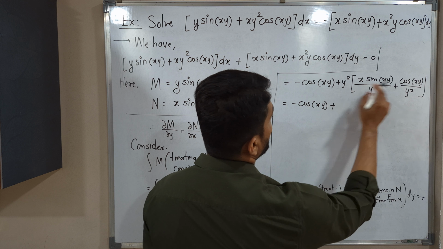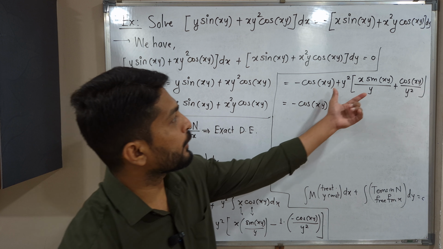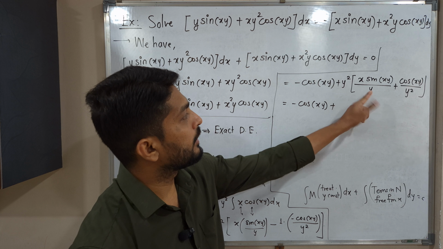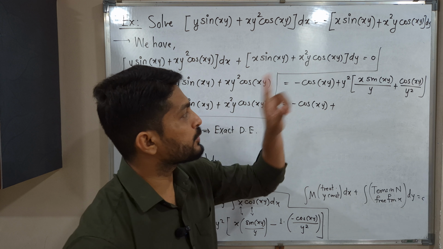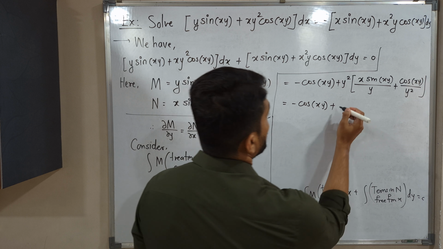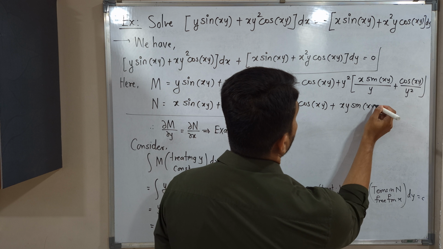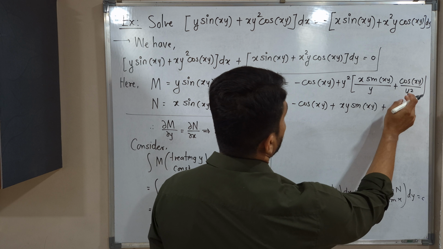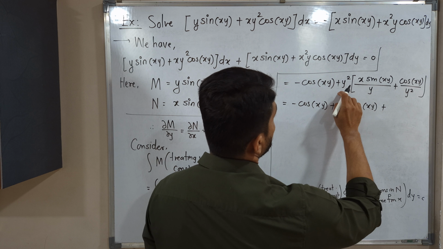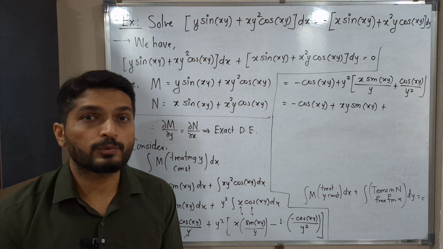Now what will I do? I will multiply each term by this y square. If you take the product of the first term and y square, one y is in the denominator, y square in the numerator, one y will get cancelled and you will have xy sin xy. Now I will take the product of the second term and y square. You can easily see that cos xy already has y square in the denominator.